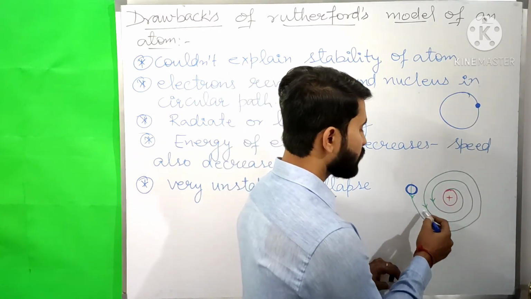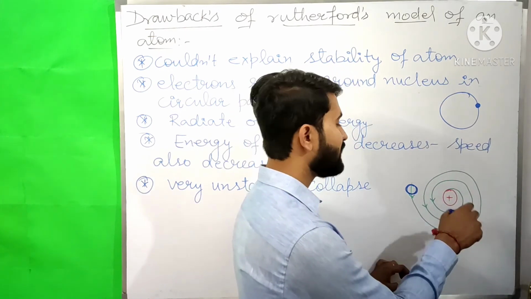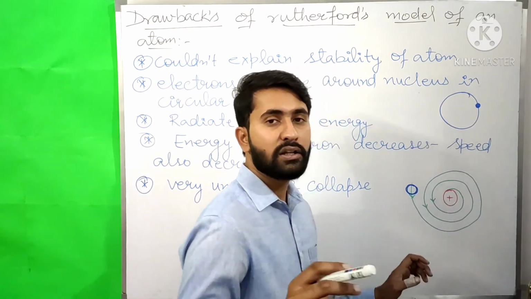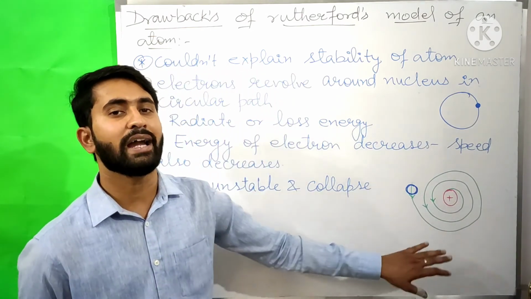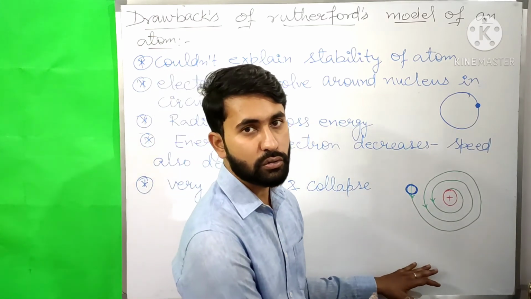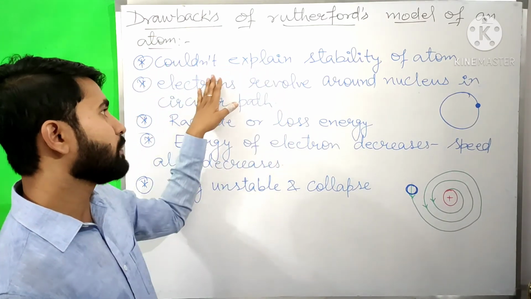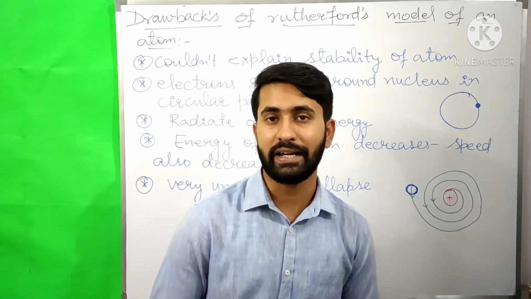So it will come closer and closer to the nucleus, and finally it will fall inside the nucleus, due to which the atom will collapse. But this is not true. So Rutherford's model cannot explain the stability of the atom.